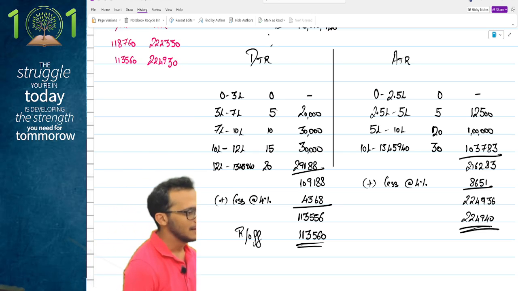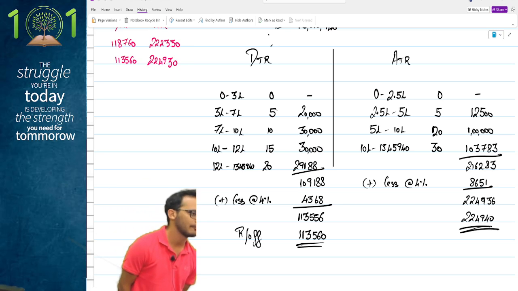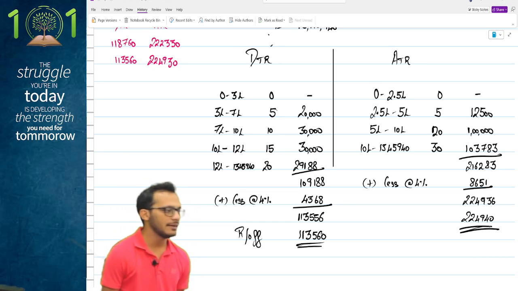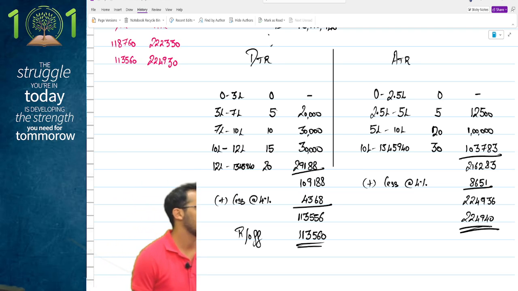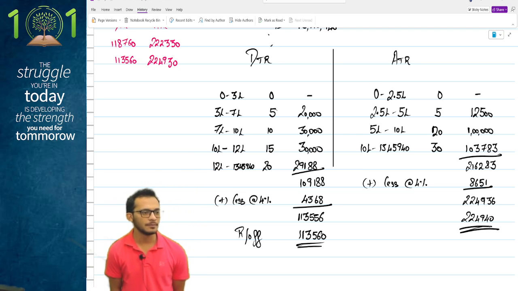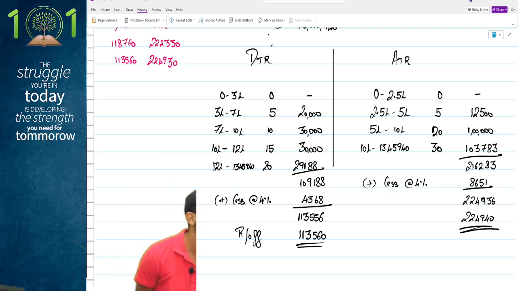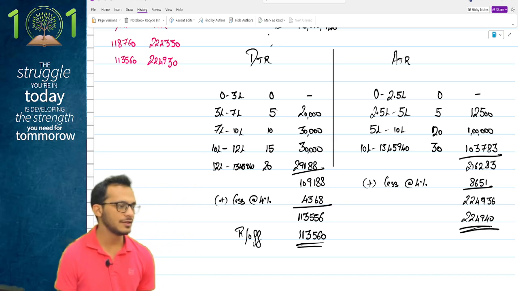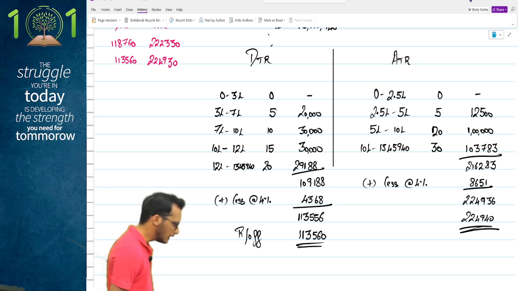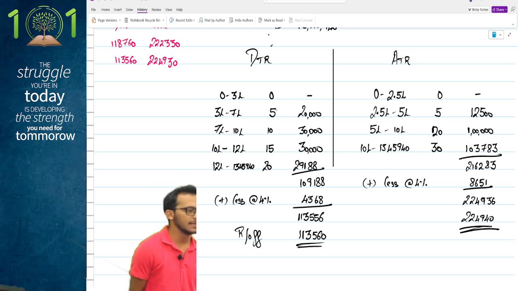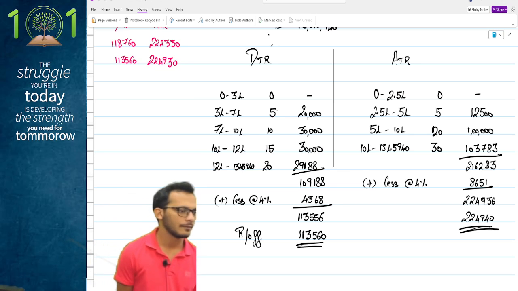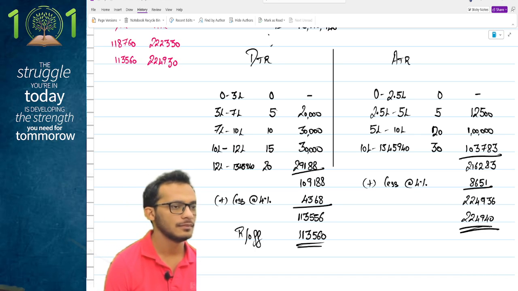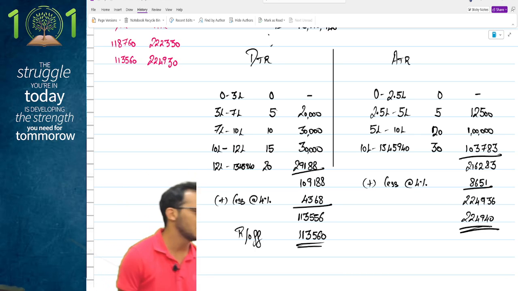Note, since Mr. A was born on 1st April 1965, he has completed 60 years of age as on 31st March 2025.